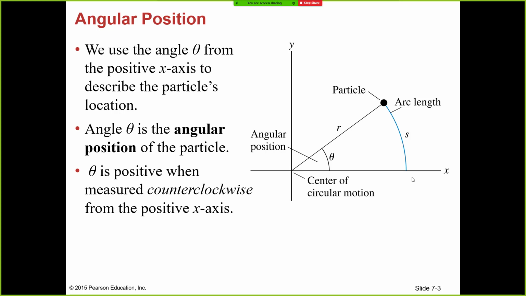Just like in linear motion, moving to the right is positive and moving to the left is negative. So here in rotational motion, if an object is moving counterclockwise, we consider that to be positive. If it is clockwise, it's considered to be negative. Okay?